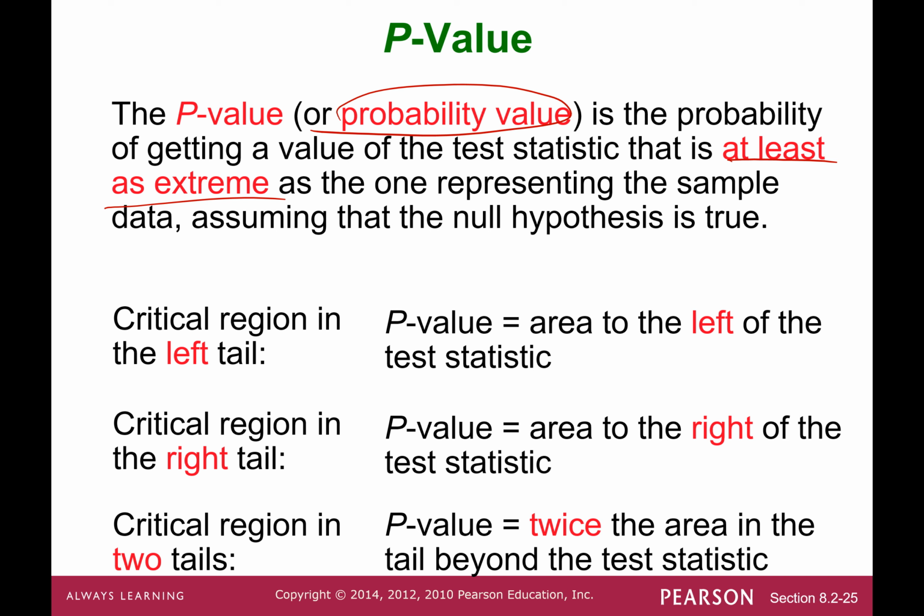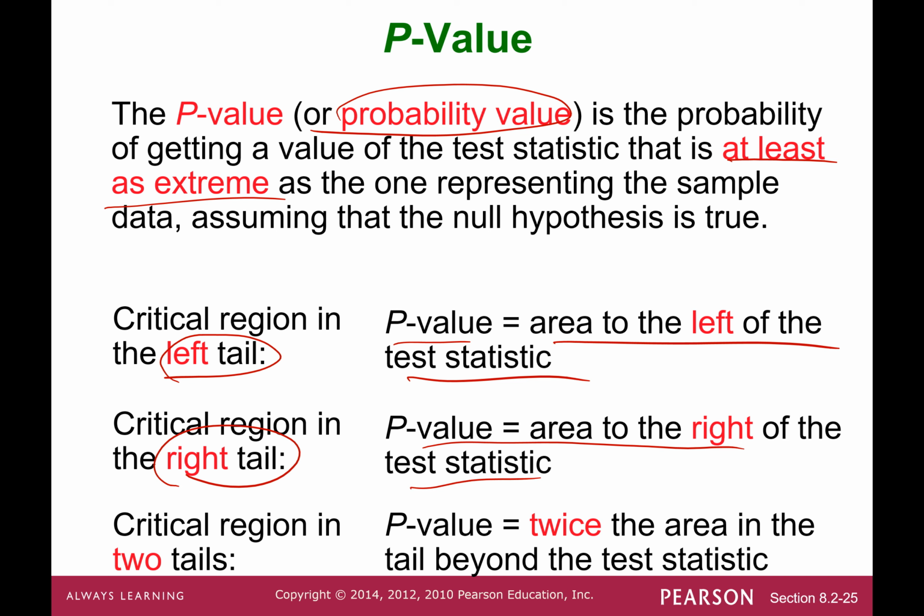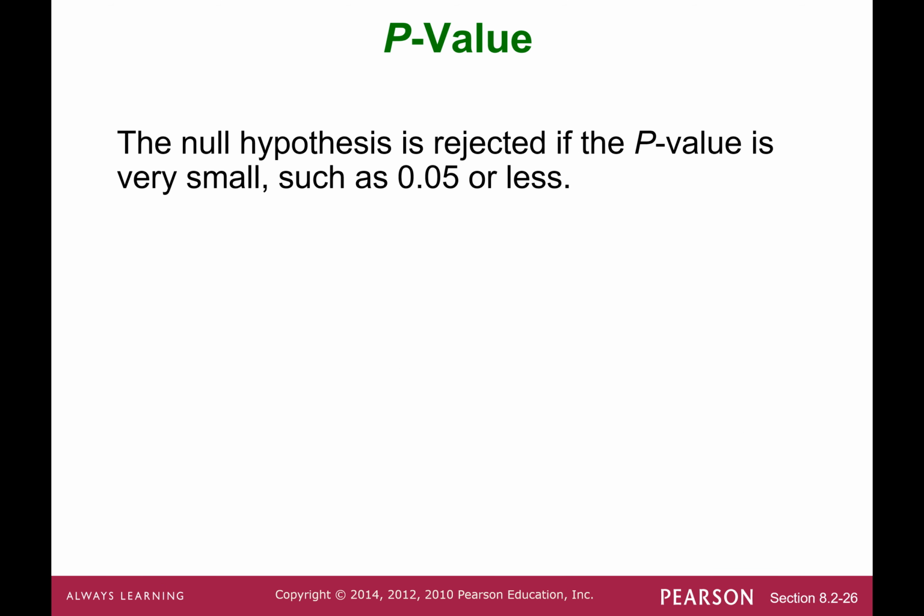With the critical region in the left tail, the p-value is the area to the left of the test statistic. With the critical region in the right tail, the p-value is the area to the right of the test statistic. With the critical region in two tails, the p-value is twice the area in the tail beyond the test statistic. So double the area because there are two tails.